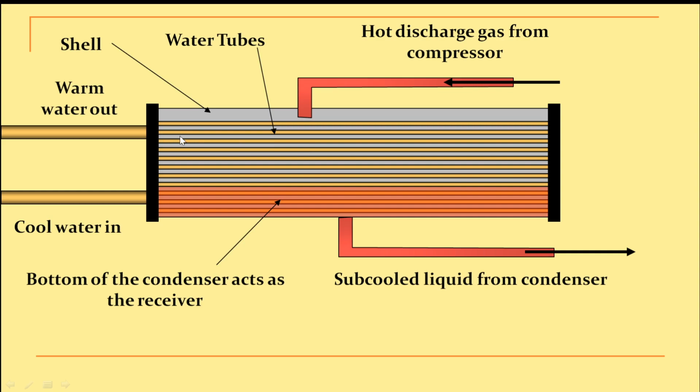Water is going through the tubes and the refrigerant is poured over the tubes containing water, and the cold refrigerant will be subcooled liquid from the condenser, that is, the condensed refrigerant will be flowing out of the condenser. So the inner tubes are carrying water here. Whichever arrangement is better for that particular application, that will be used.